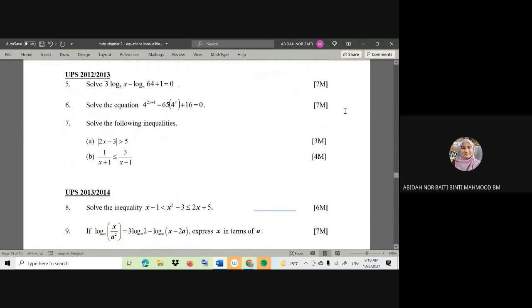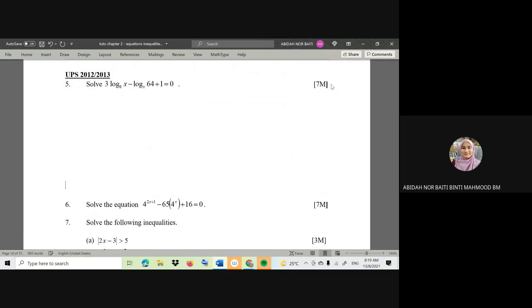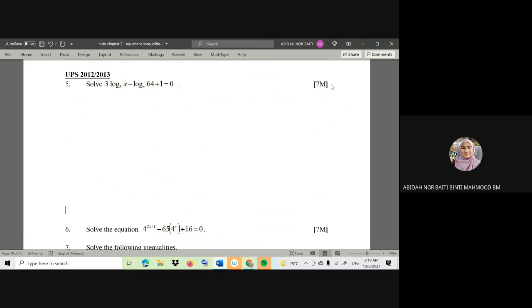Question 5 is log with different base ya. Log with different base. Here is base 8, this is base x. So kamu nak tukar base yang mana? 8 or x? x to 8. Yes, we change base x to base 8.